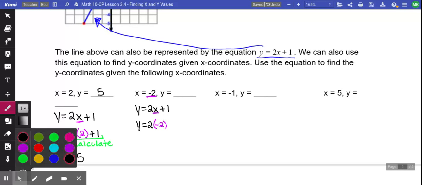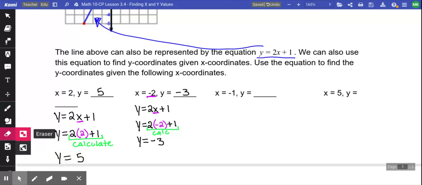So x turns into -2 like that, and then plus 1. And then we just calculate this. Put that in your calculator. If you put brackets and you use negative numbers properly, the negative numbers at the bottom of your calculator beside your decimal, you should get that your answer is -3. That means that when x equals -2, y equals -3.